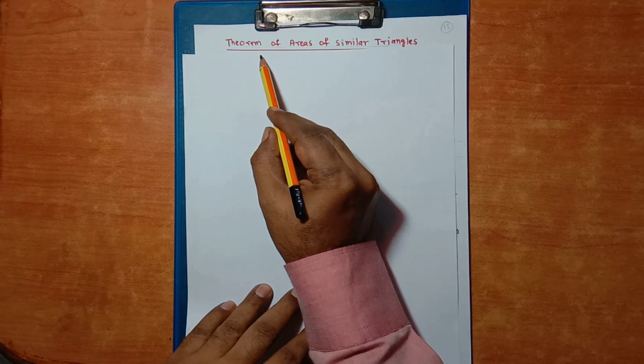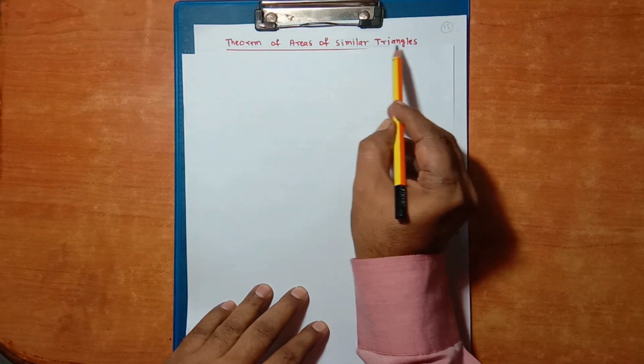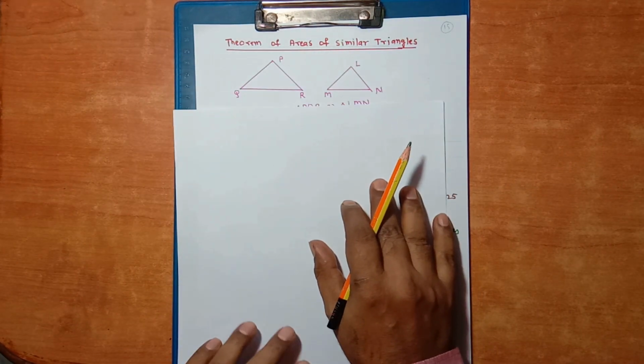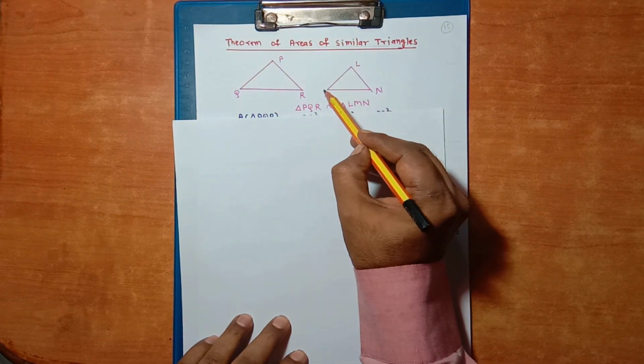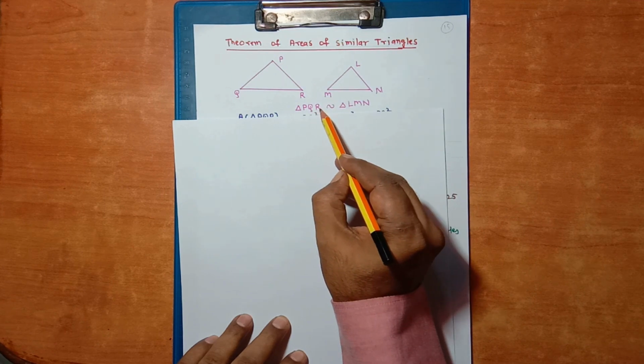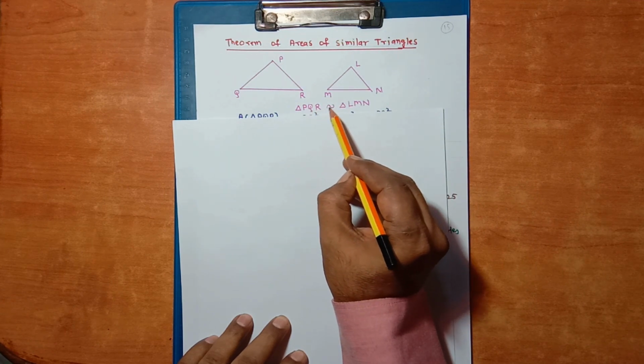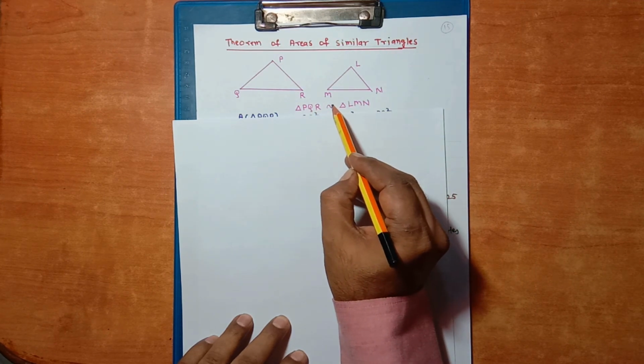Let us study the theorem of areas of similar triangles. In the figure, triangle PQR and triangle LMN are shown. These two triangles are similar with each other.